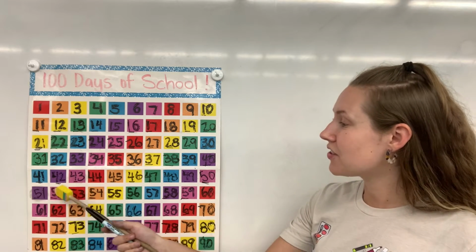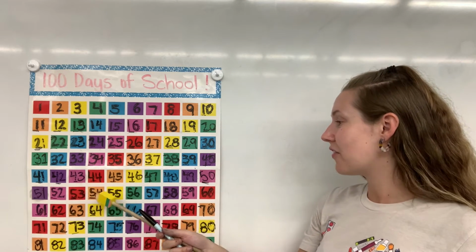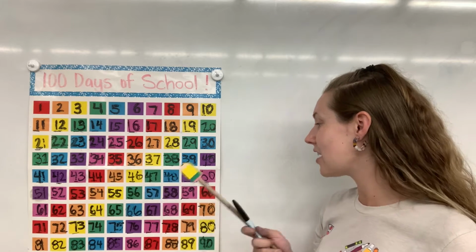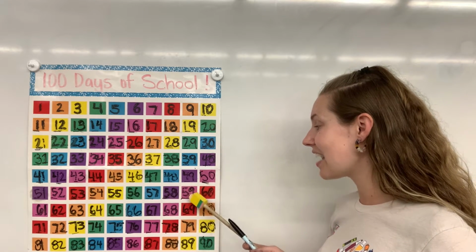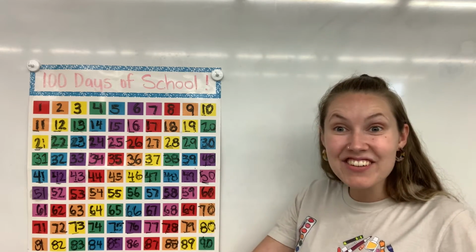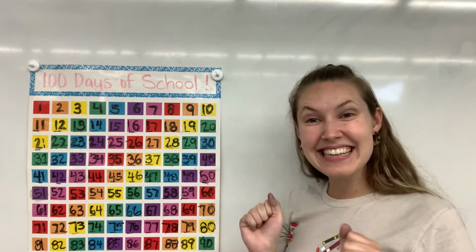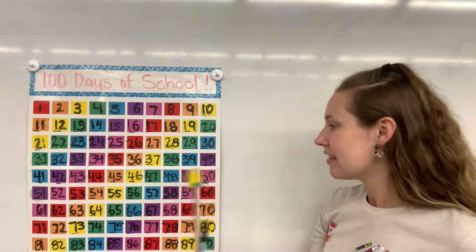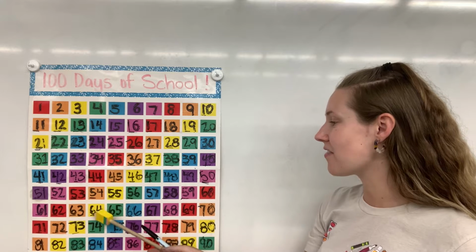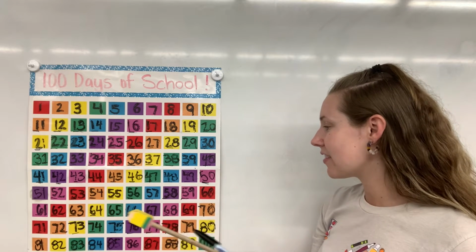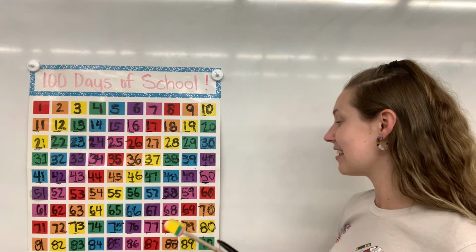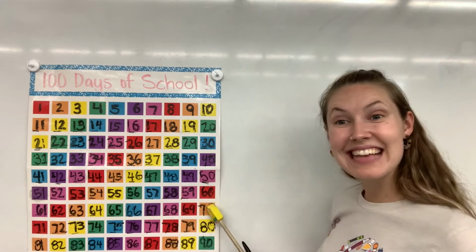51, 52, 53, 54, 55, 56, 57, 58, 59, 60. When we get to 60, each of our numbers has a 6 in the front. 61, 62, 63, 64, 65, 66, 67, 68, 69, 70.